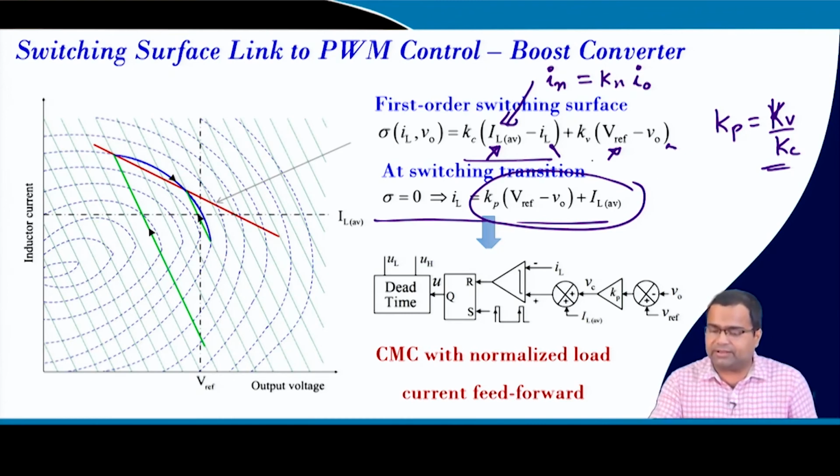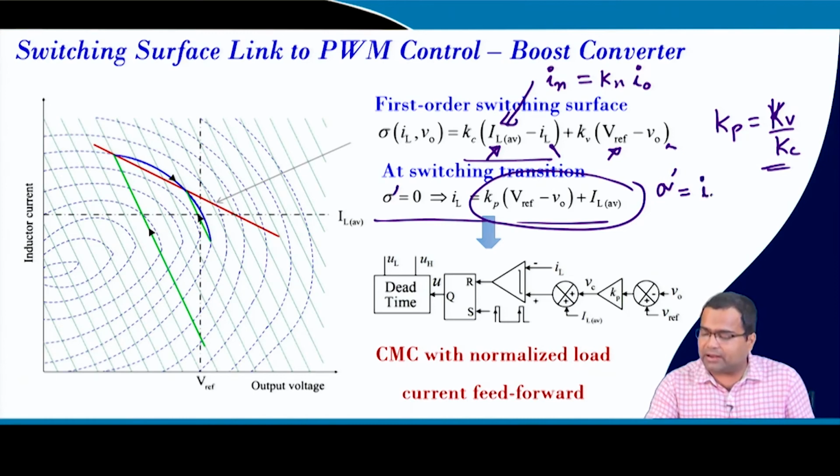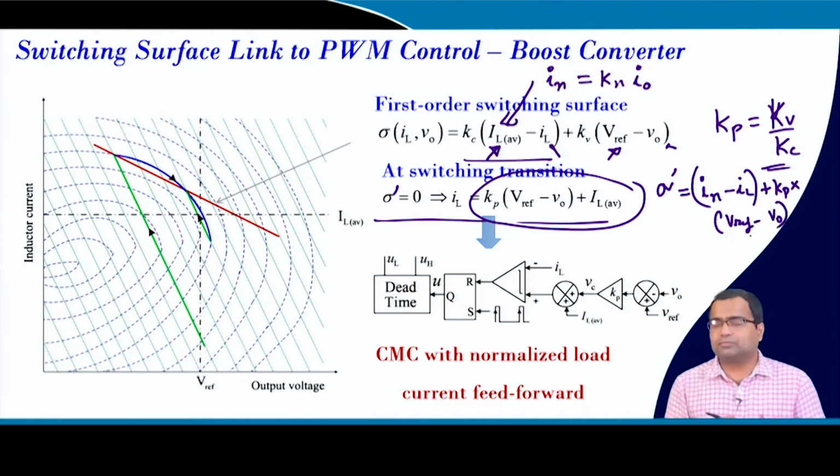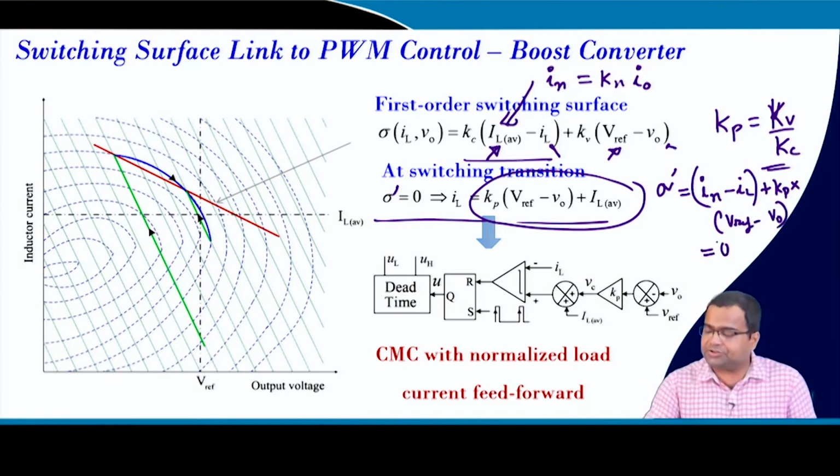That means, even if I write sigma, now we get sigma dash, which is nothing but I normalized minus IL plus Kp into Vref minus V0, and at transition it is 0.